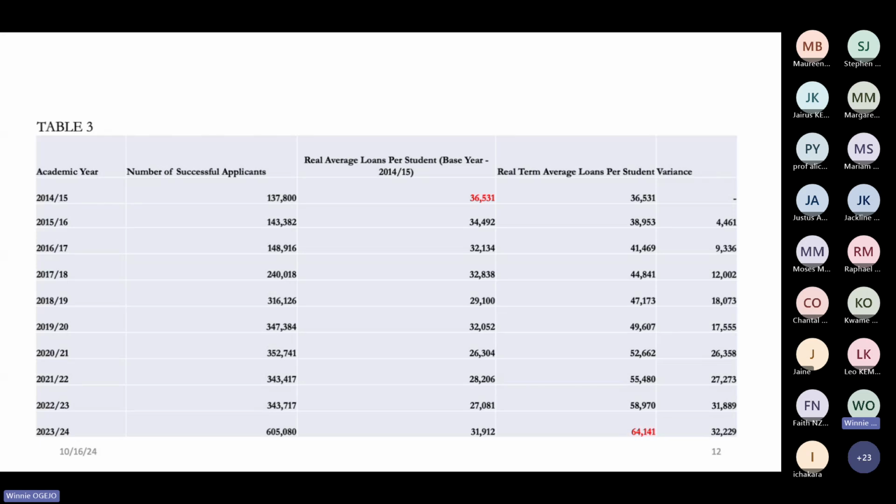So there is a financing gap of about 8,000 shillings per student. Because what we are saying is, for them to be matching the buying power of 2014-15, which is 36,531, they should be funding at 64,141. But what are they giving? They are funding at 56,000 thereabout, a gap of just about 8,000.